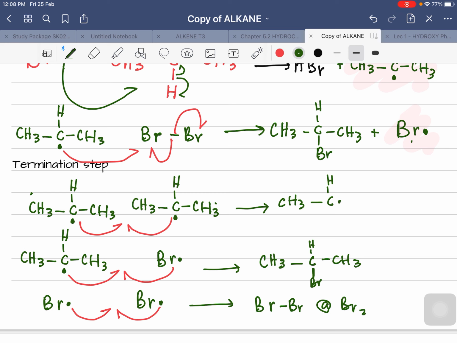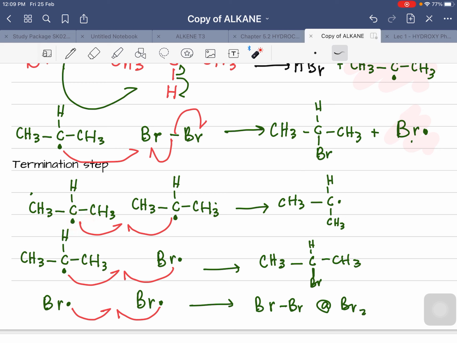I rearrange it like this, adjusting it downward so that the unpaired electron sits at the side.